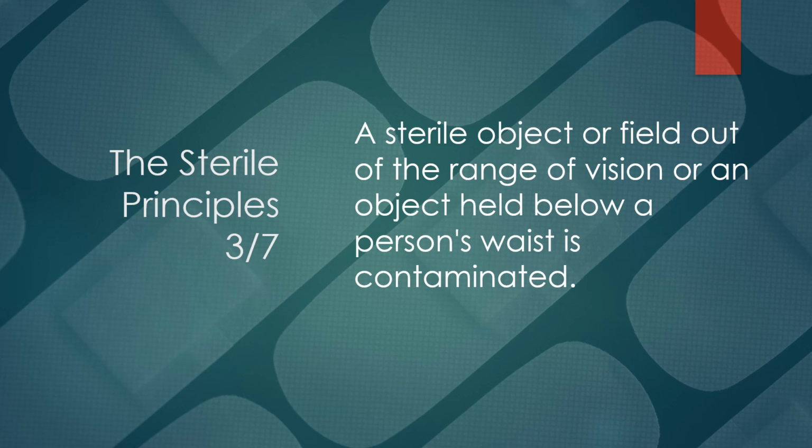If you turn your back to your sterile tray, that sterile tray is then considered contaminated. So we need to be careful and cautious about how we're setting up our sterile trays in relation to our wound and in relation to our garbage, to make sure that we are not dropping our hands below our waist or turning our back to our sterile fields or to our wounds.